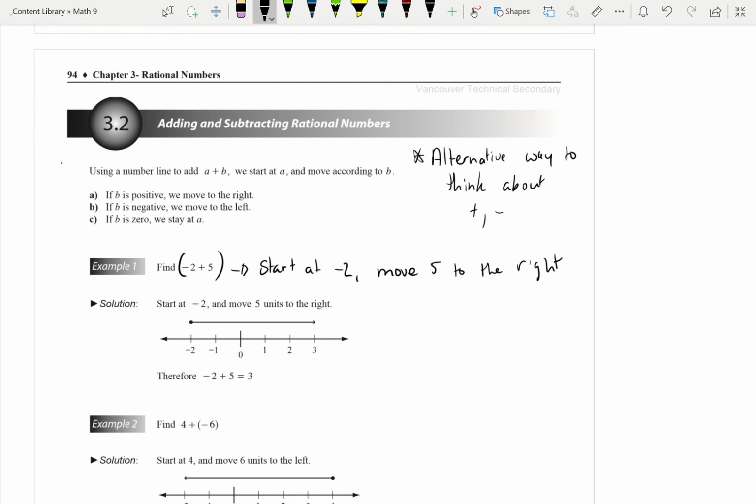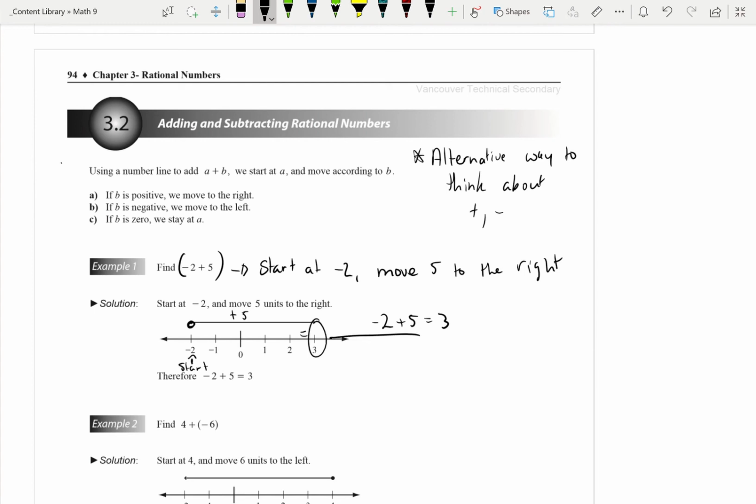So if you have a number line, you're going to find -2. This is our start. And I add 5. So I move 5 spaces over, and then it equals whatever the number that I end up at. So I can have -2 plus 5 is equal to 3. And the cool thing is that this works no matter what.